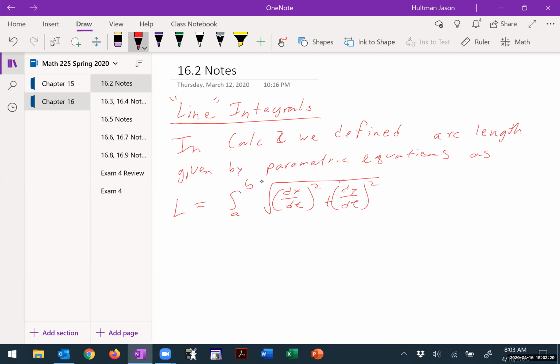Okay, so it's just taking the x component of the parameter and taking the derivative of that, squaring it, plus the y component of the parameter, taking the derivative of that, squaring it, adding it together, and finding the distance between those two by taking the square root. And that's going to obviously be integrated with respect to t.